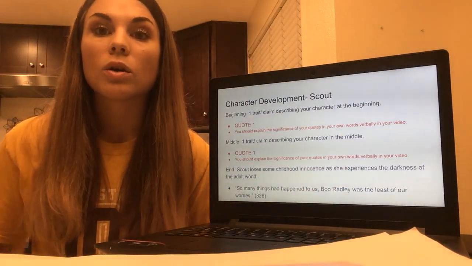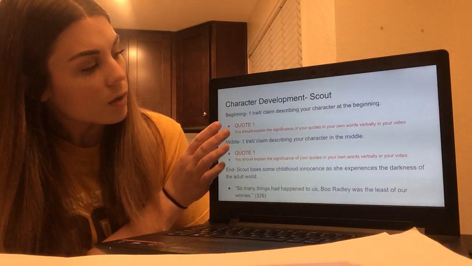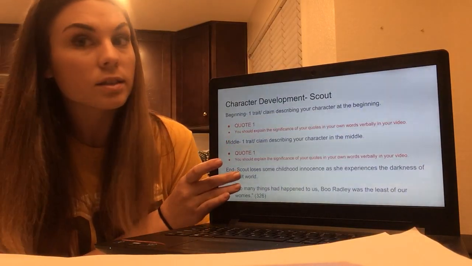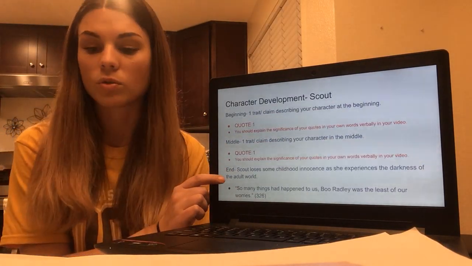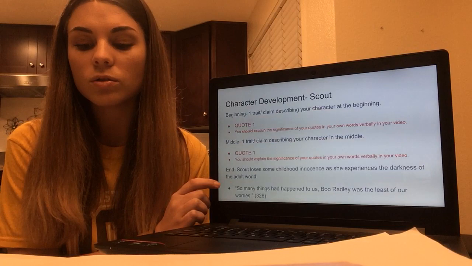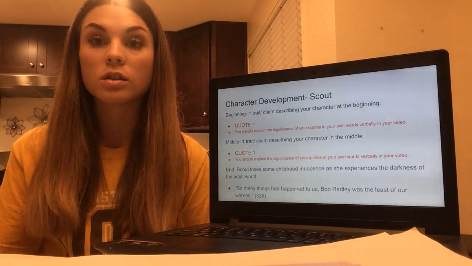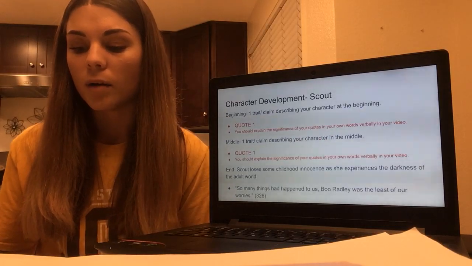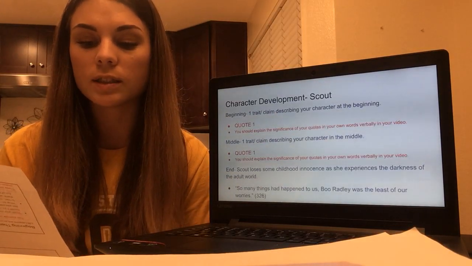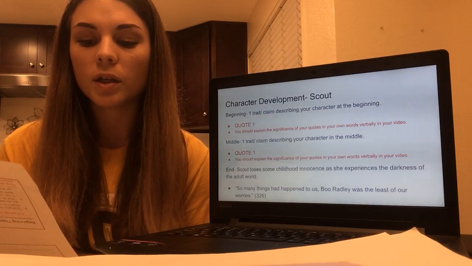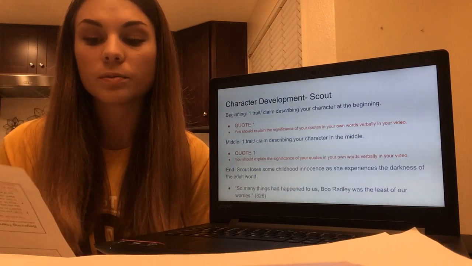Character development. So I am focusing on Scout's character. Beginning, middle, and end, it's the same process. So I will go ahead and just give you my example from the end of the story. I said, Scout loses some childhood innocence as she experiences the darkness of the adult world. My evidence from the story is on page 326, and it says, "So many things had happened to us. Boo Radley was the least of our worries."